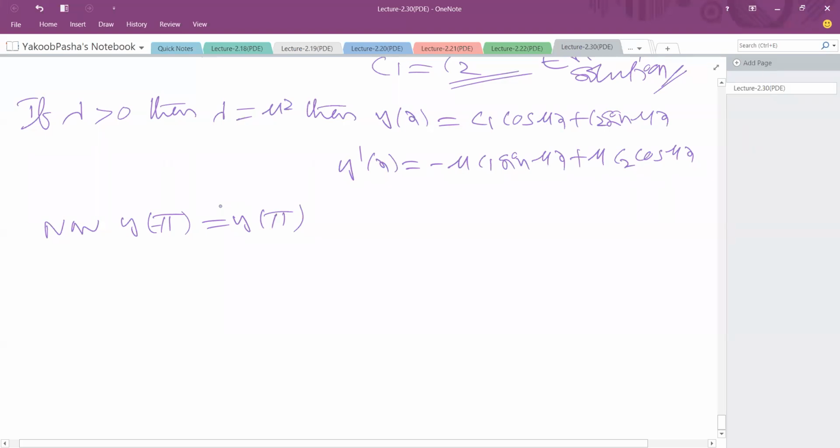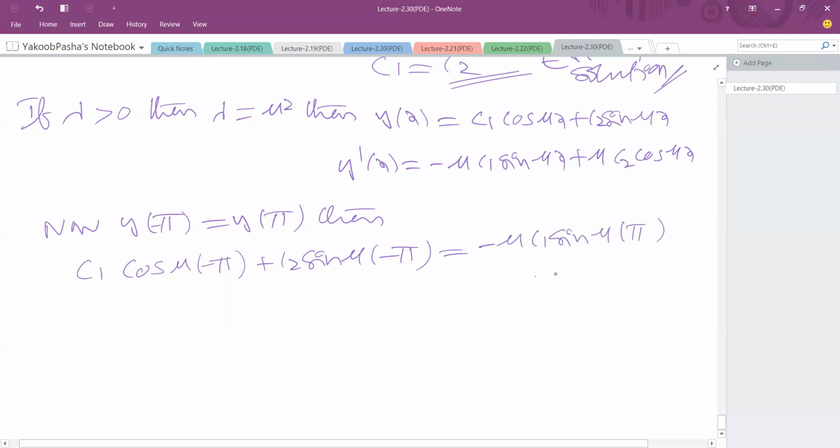While applying this, we get c1 cos mu pi, cos of minus theta is cos theta, so I am writing directly, plus c2 sin mu pi.